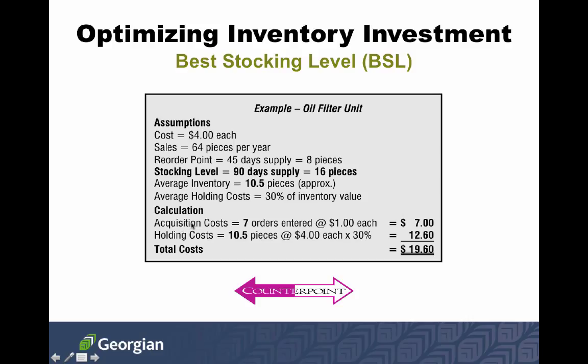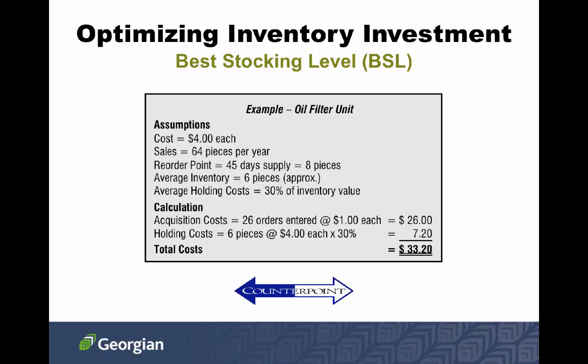So now this calculation is 7 orders entered at $1 each is $7. 10.5 pieces by $4 per piece, multiplied by the 30% holding cost, is $12.60. I'm now at $19.60 total cost for that part over the year, combined holding cost and acquisition cost.